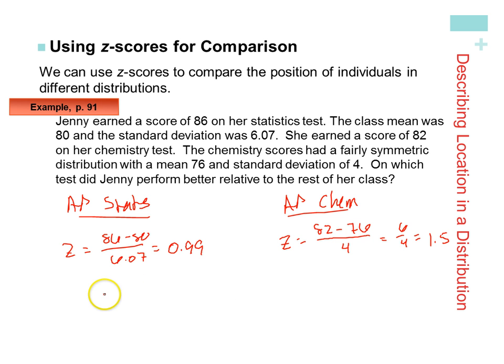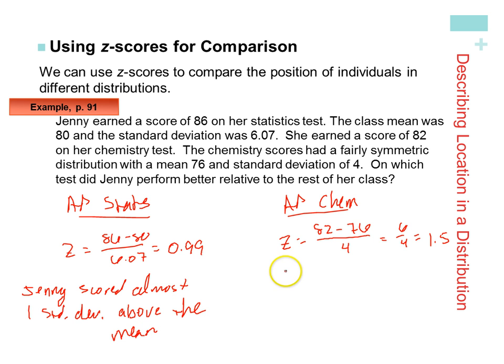So as an interpretation for these two scores, Jenny scored almost one standard deviation above the mean on the stats test. Remember that z-scores are always measured in standard deviations above the mean.